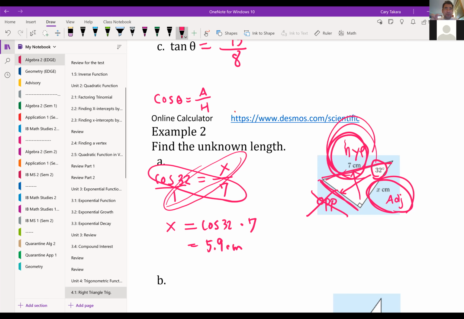One is called a radian, and the other is called a degree. Degree needs to be highlighted. If you go to radian, you get the wrong answer, but if you set it as degree and highlight it, you should get 5.9. So please change between RAD and DEG, and make sure that it's on degree measurement instead of radian measurement.